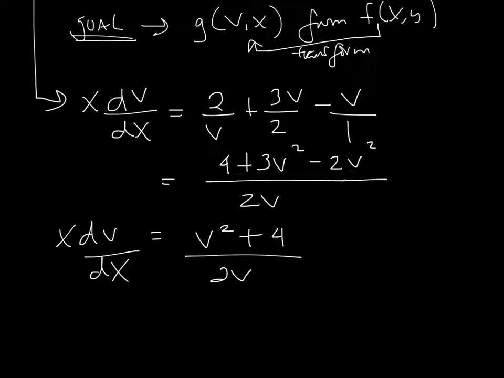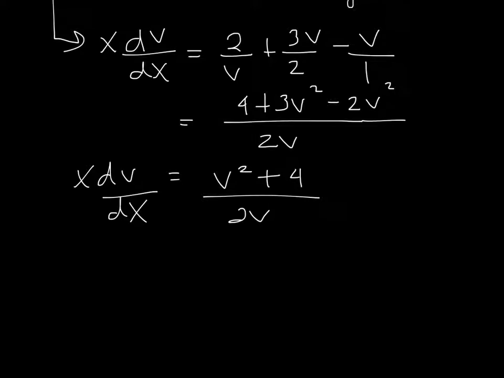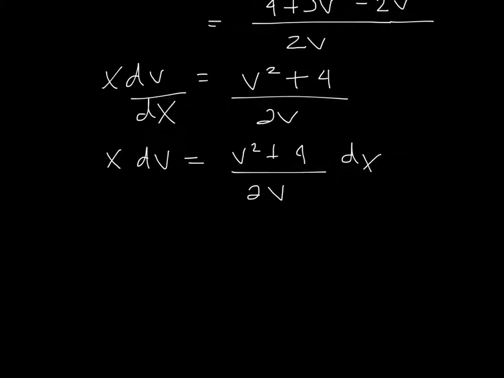Okay, so now let's try to separate our variables after this transformation. So I'm going to multiply both sides by dx, so I get x dv equals v squared plus 4 over 2v dx. And again, x's with x's, v's with v's. So I'm going to divide both sides by x.